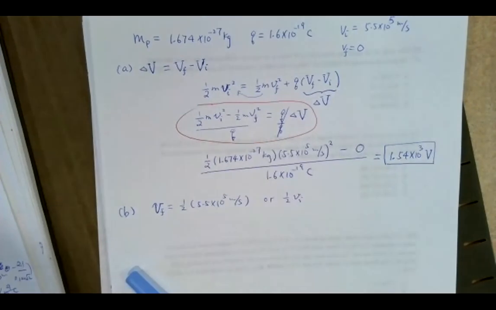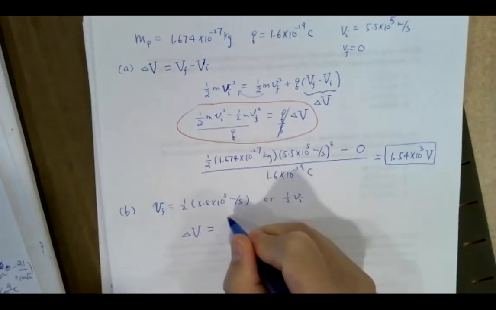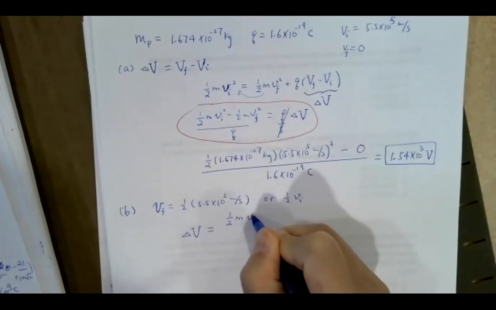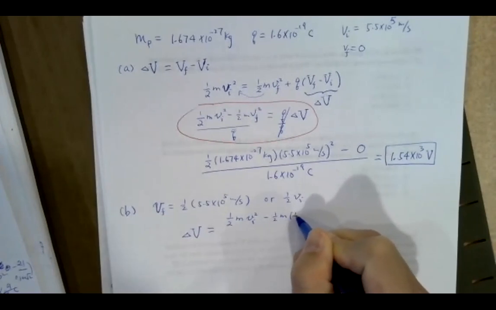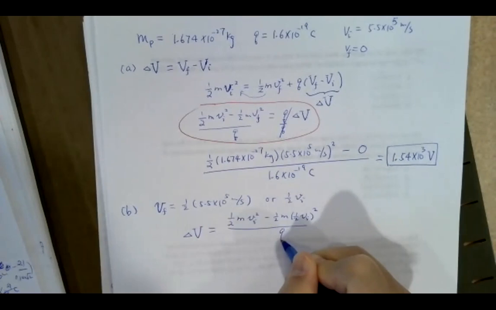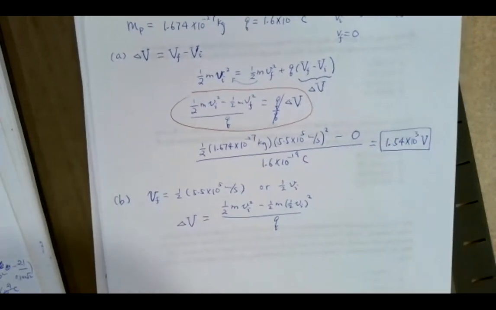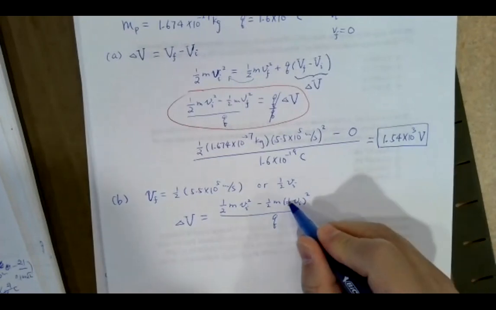So in this case, your delta V, capital V, is equal to 1/2 M initial V squared minus 1/2 of M times 1/2 of initial V squared, right? Divided by the same Q. If you square the 1/2 here, it gives you 1/4.